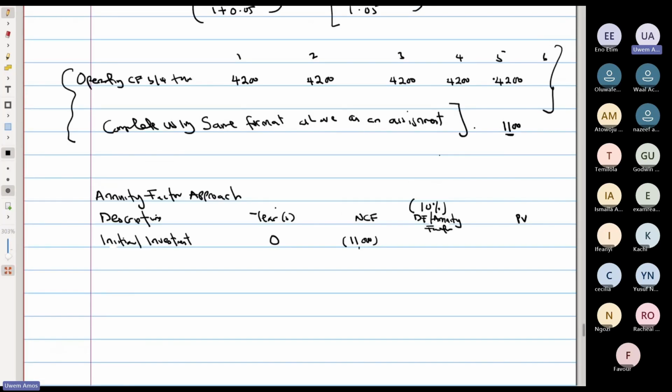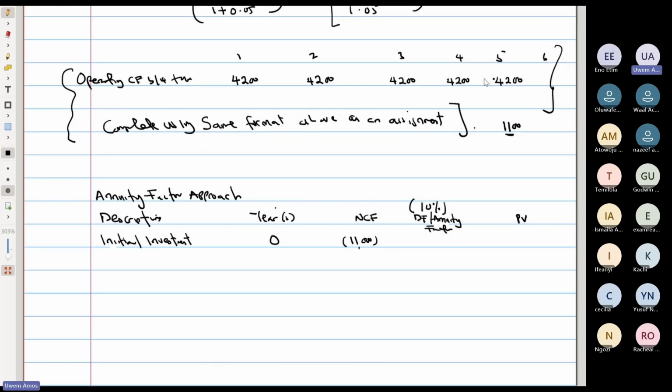From year 1 to 5, which is the reason why we're using annuity factor, the cash flow is constant, which is every year 4.2. So if, for example, you had 15 years, it would be year 1 to 15. So here we have year 1 to 5. That is our profit before tax.